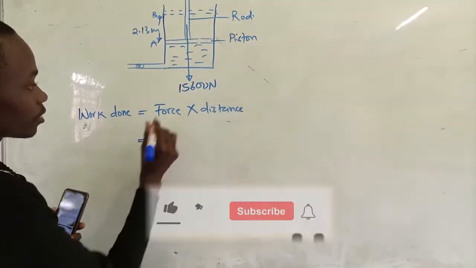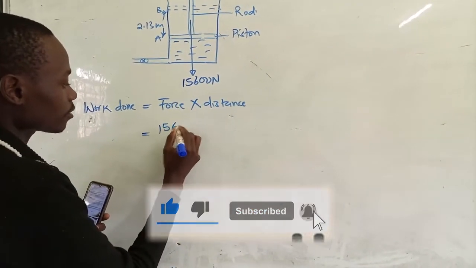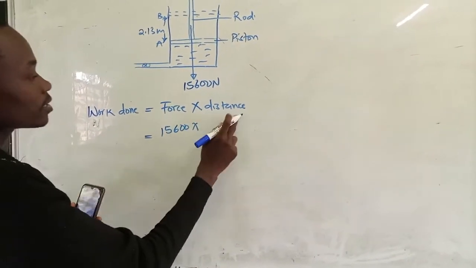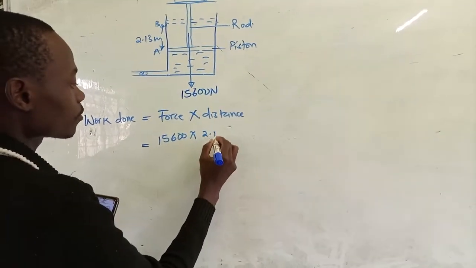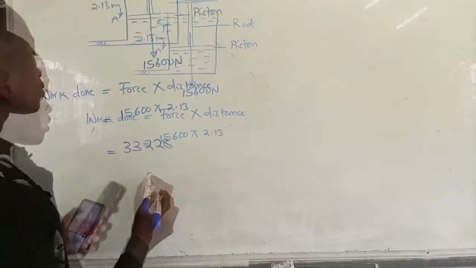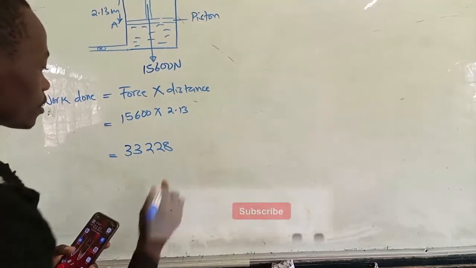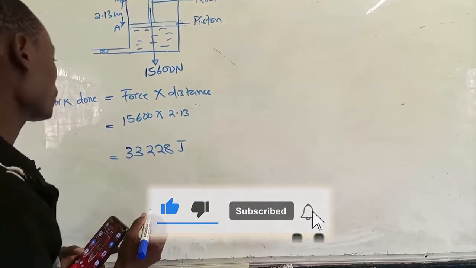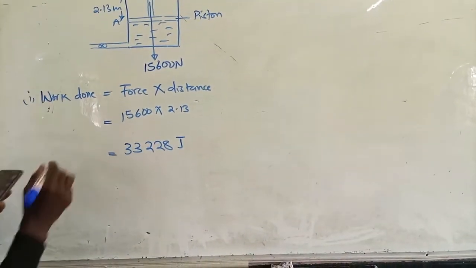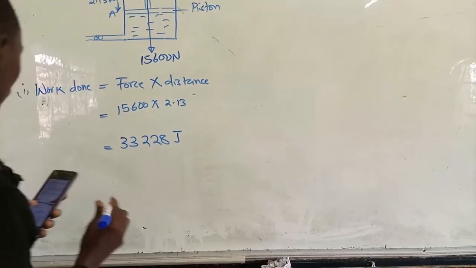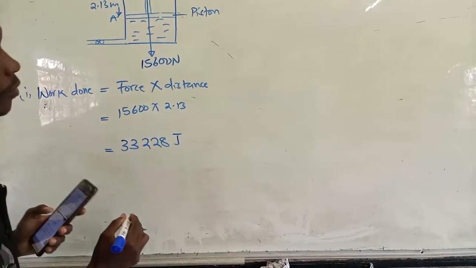So we shall take the force as 15,600 times the distance of travel, 2.13. So we get 33,228 joules. That's part 1. Part 2 asks for the pressure required.